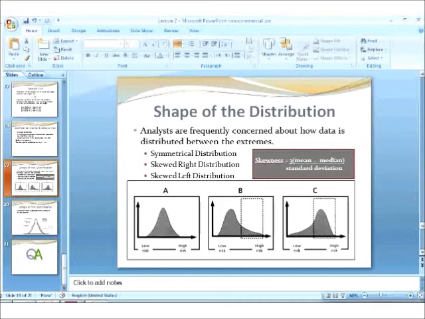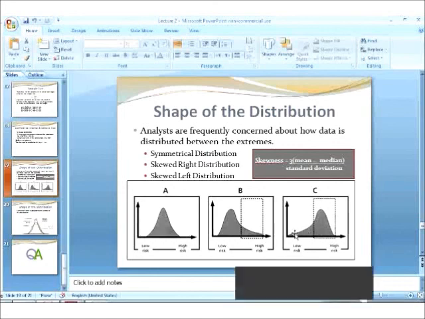So analysts, people who do statistical analysis, and definitely when you do it for your dissertation or your thesis, are more concerned about the distribution of our data sets and how the data set is distributed between the extreme values. So there are three different types of distribution of the data set. Symmetrical, skewed towards the right, which is this, and skewed towards the left, which is this. That is what we call skewness of the data set.